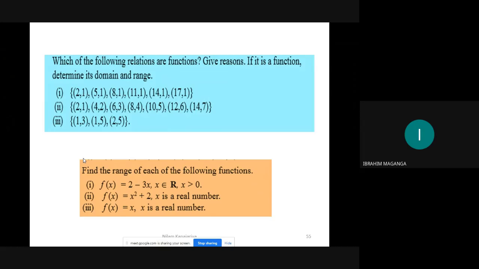Can I do the Venn diagram for the first one? Let me try. Okay, very good.